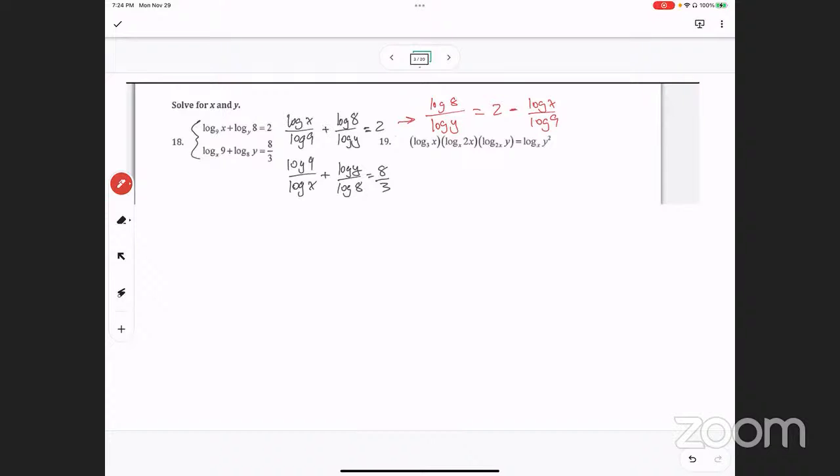So this is going to be log 9 over log 9. So 2 log 9 minus log x over log 9, which means log y over log 8 equals, now I'm going to flip it, log 9 over 2 log 9 minus log x.